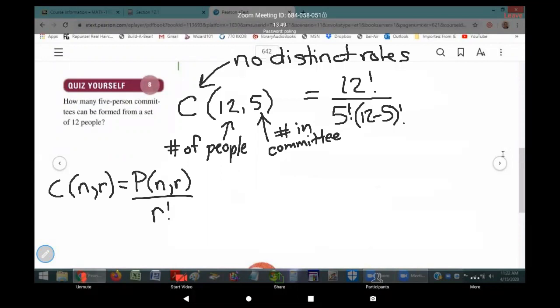So you'll see here the permutation formula for 12 choose 5. And then we also divide by the r factorial.